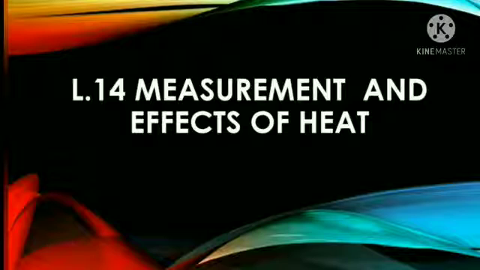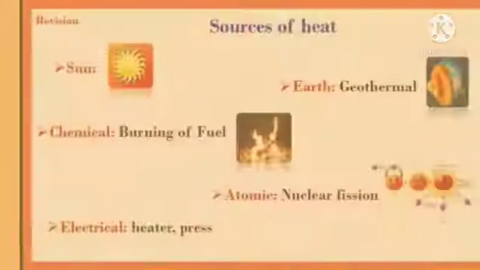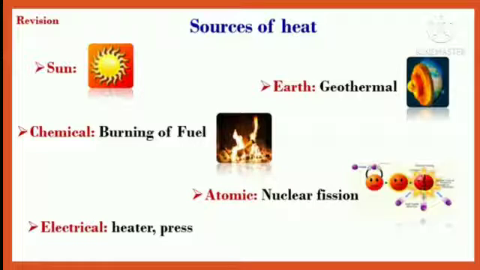Today we will start the revision of lesson number 14, measurement and effects of heat. Sources of heat. First one, sun. The sun is the biggest source of heat received by the earth.